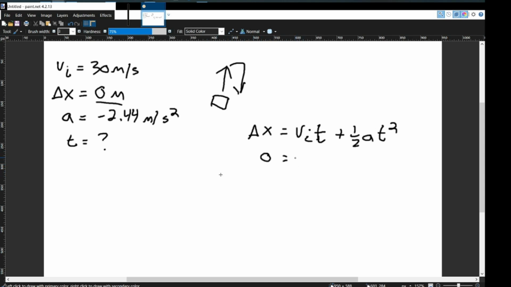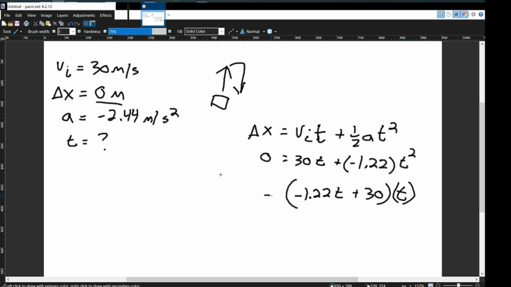Our initial velocity term is 30t, and then 1/2 times acceleration, which we can do in our head, is negative 1.22 t squared. Factor out the t, and you end up with t times negative 1.22t plus 30.